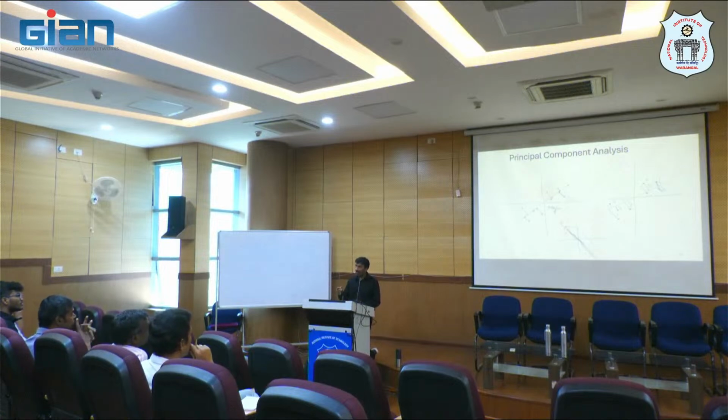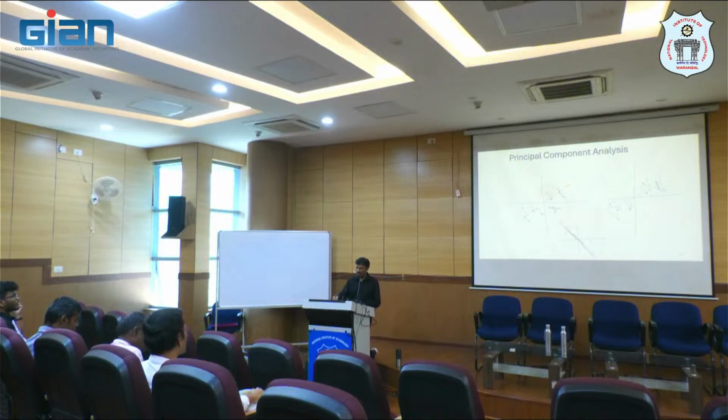If there is still some error, there should be another principal component. So if there are d features, there should be d principal components. Invariably, as you increase the number of principal components, the errors will start decreasing. Right? So that is the whole idea.